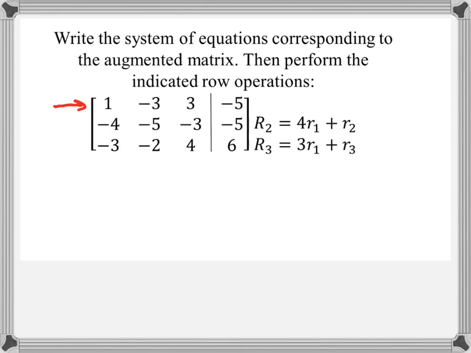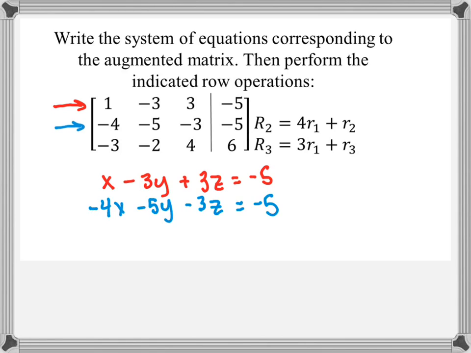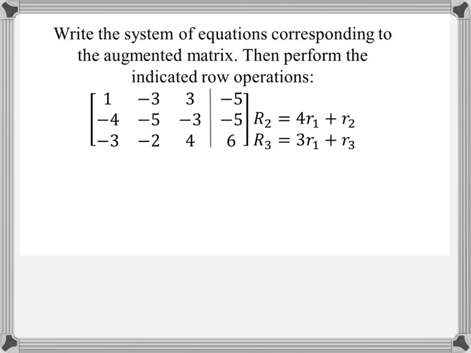So this first row corresponds to the equation 1x minus 3y plus 3z equals negative 5. Our second row corresponds to negative 4x minus 5y minus 3z equals negative 5. And our third row corresponds to negative 3x minus 3y plus 4z equals 6. So that was our system of equations.